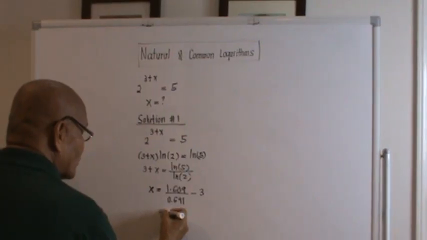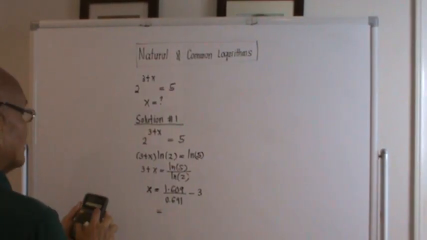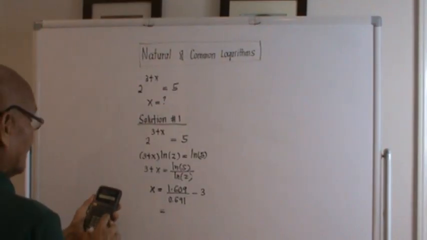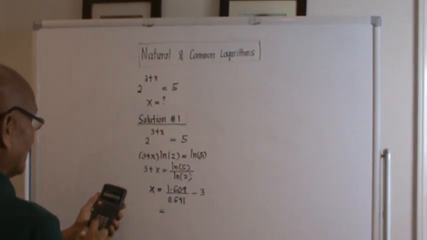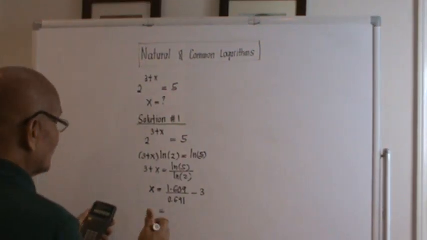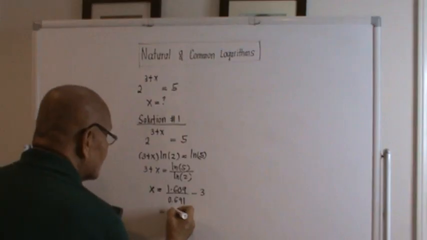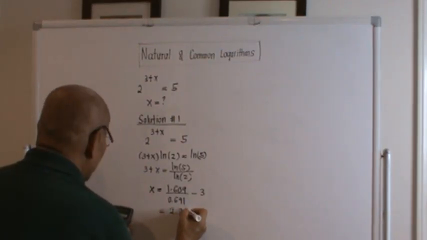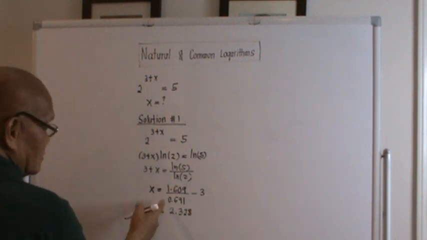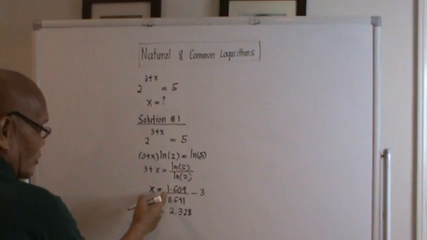If we take the ratio, 1.609 divided by 0.691 equals 2.328.